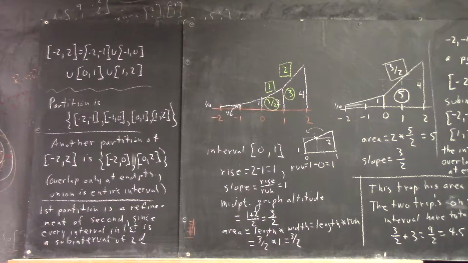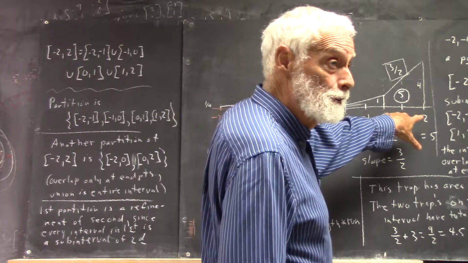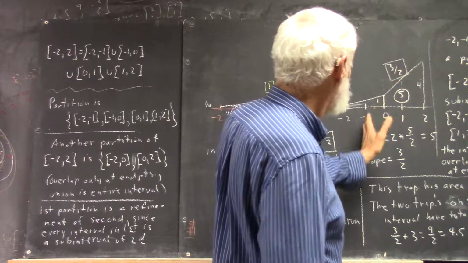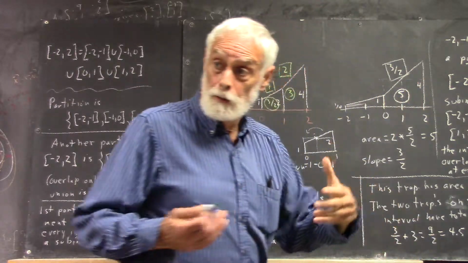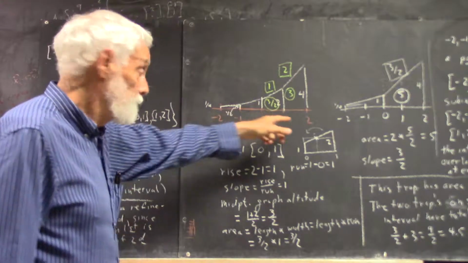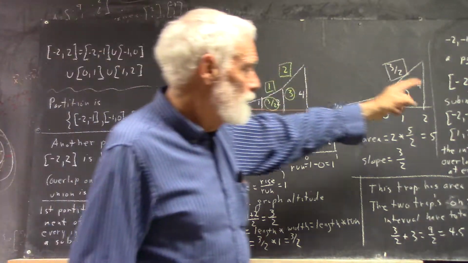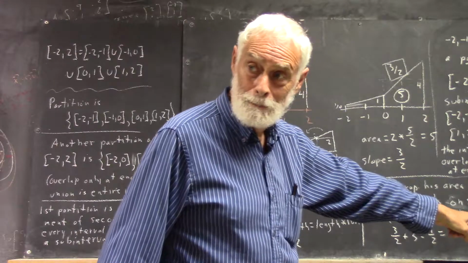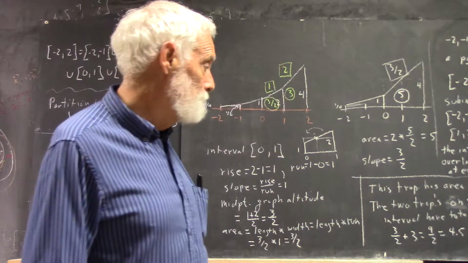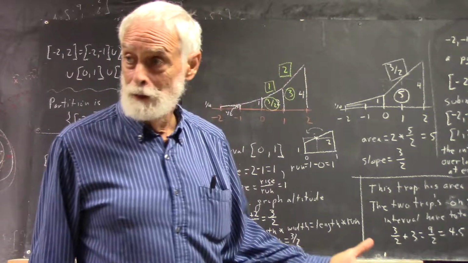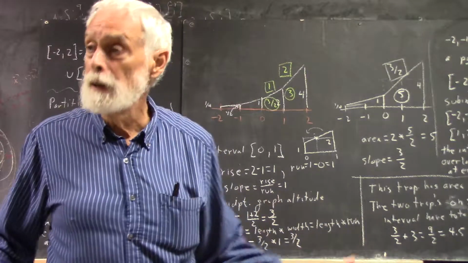Okay? In other words, we've got this partition. If we refine it by cutting these intervals into smaller intervals, well, we could get something. This is a refinement, right? So this is what I mean when I say this is a finer graph, okay? It's a graph on a refined partition.